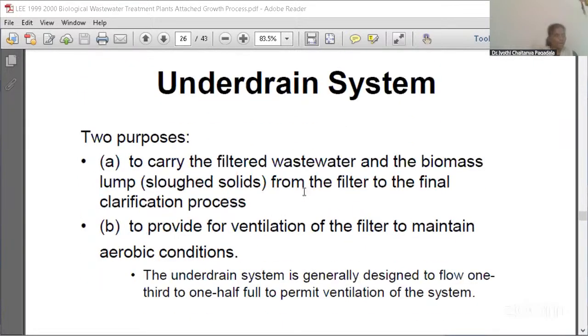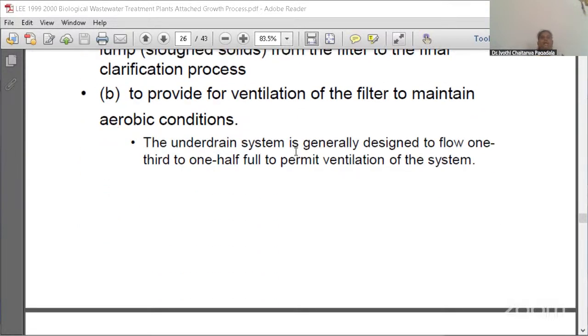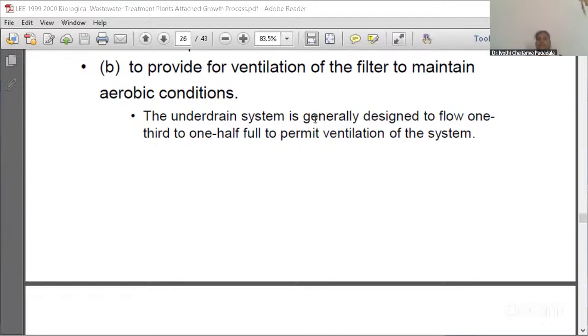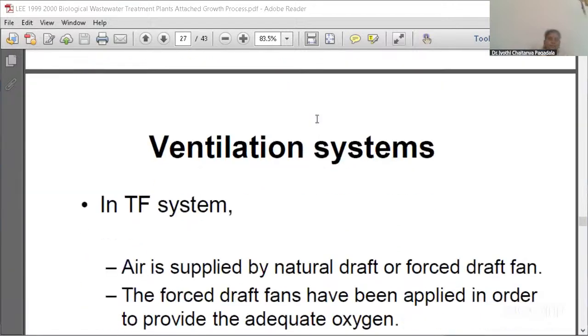When coming to the under drainage system, there are two purposes: to carry the filtered wastewater and the biomass lumps, that is called sludge solids, from the filter to the final clarification process, and to provide ventilation of the filter to maintain aerobic conditions. The under drainage system is generally designed to flow one-third to one-half full to permit ventilation of the system.